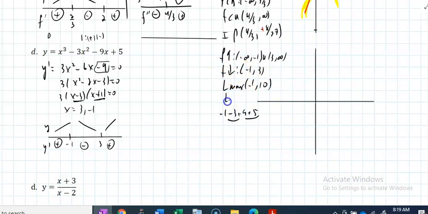And we have a local minimum at 3: 27 minus 3 times 9 is 27, minus 3, 9 times 3 is 27, plus 5. The numbers are big because I made this up. Negative 27 plus 5 is negative 22.